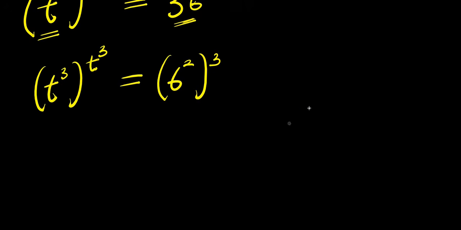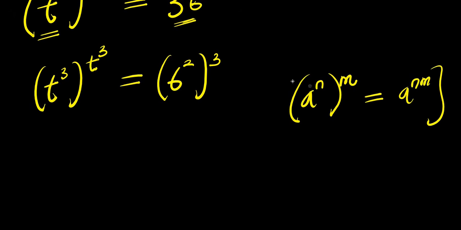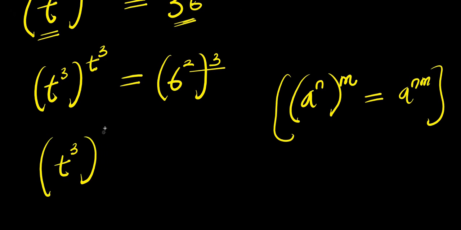Now, if you have a power n raised to the power of m equals a power n times m, 2 times 3 will give you 6, so you have t power 3 raised to the power of t power 3 equals 6 to the power of 2 times 3, that is 6.